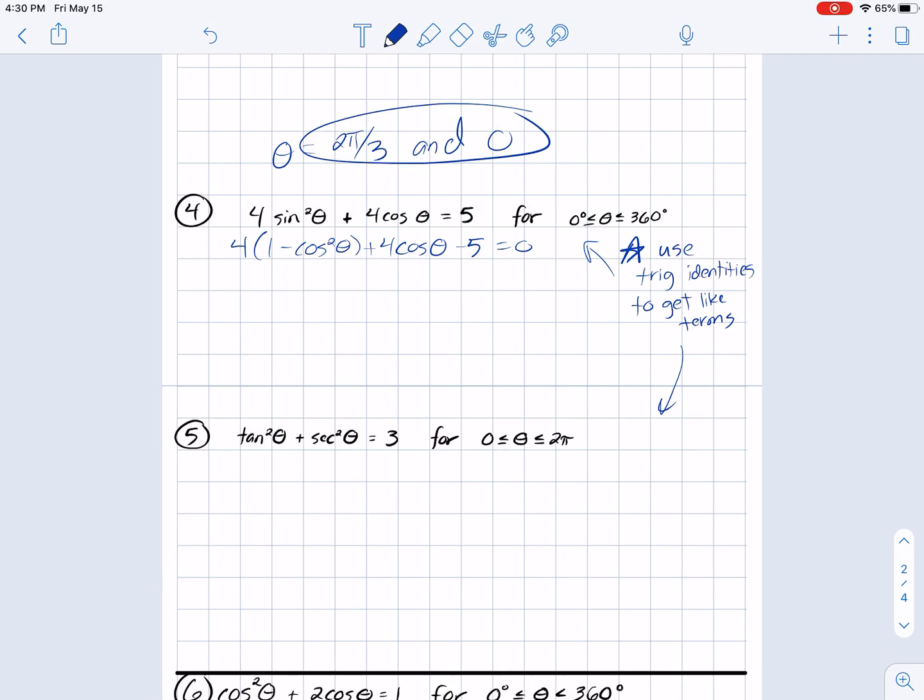I'll kind of jump down and show you what this should have looked like when you factored. You should have had 2 cosine theta minus 1 and 2 cosine theta minus 1.